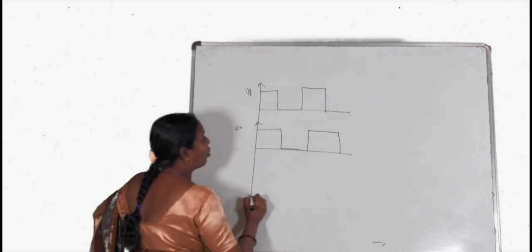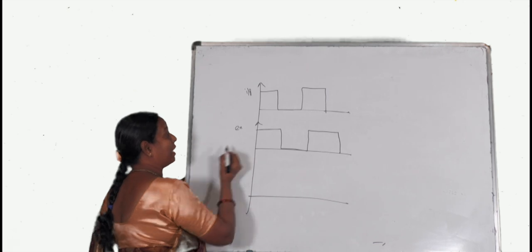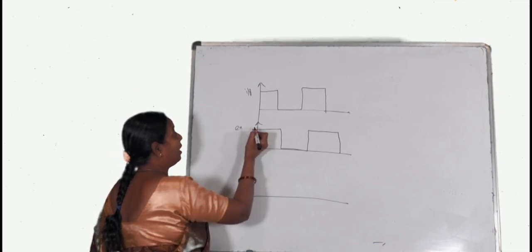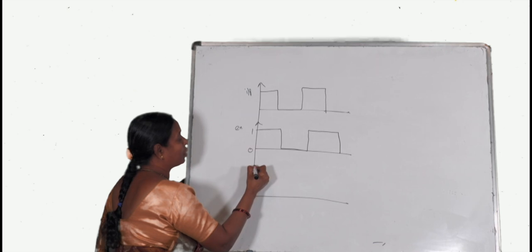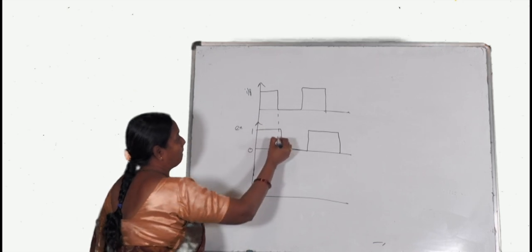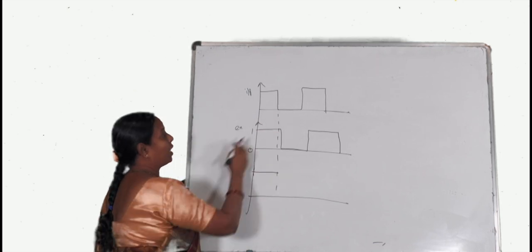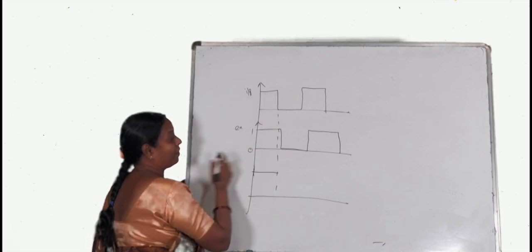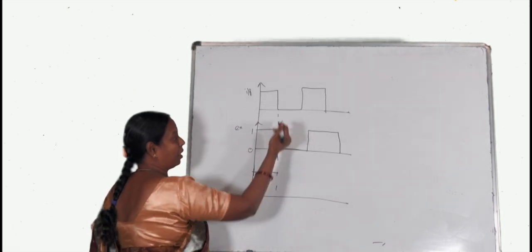Then how will the output be? When enable is high, whatever the input is, it will be reflected at the output. When enable is low, whatever the input is, it won't be reflected.